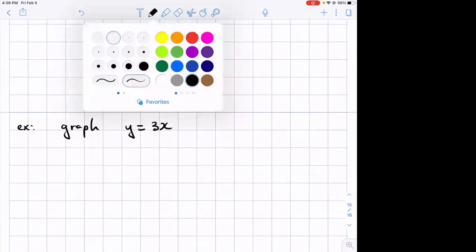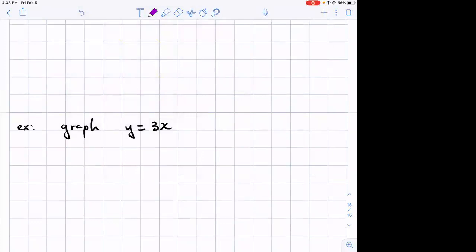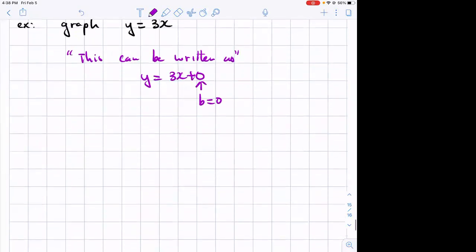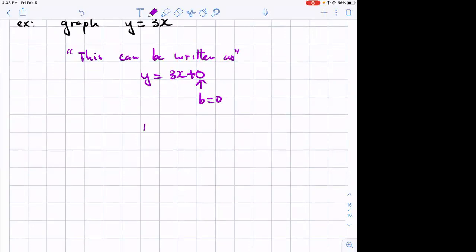Well, keep in mind, this can be written as y equals 3x plus 0. So it means that b is equal to 0. And if b is equal to 0, it means m is equal to 3, and the y-intercept is 0, 0.